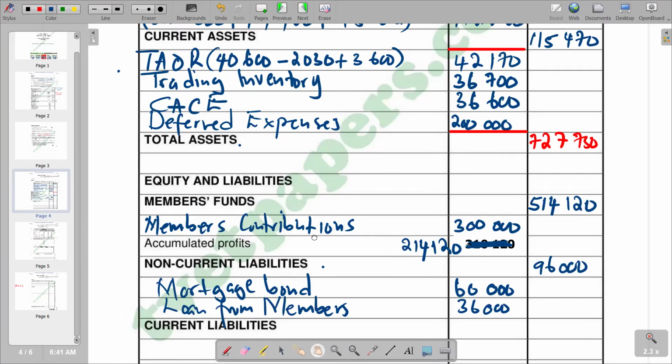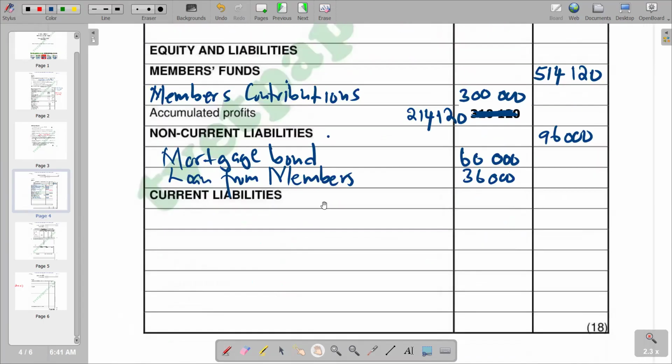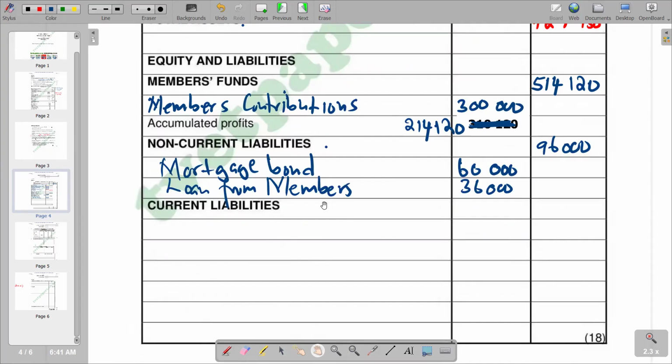So from there, we move on to current liabilities now. Remember, the first figure that you're supposed to put is trade and other payables. Obviously, you have to calculate it by taking the figure for your creditors control in the pre-adjustment trial balance.